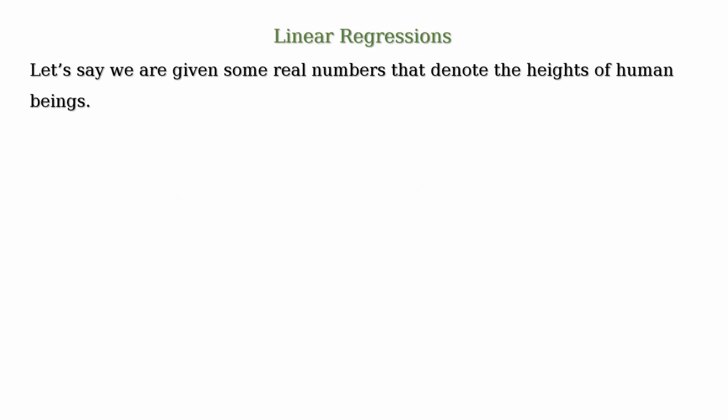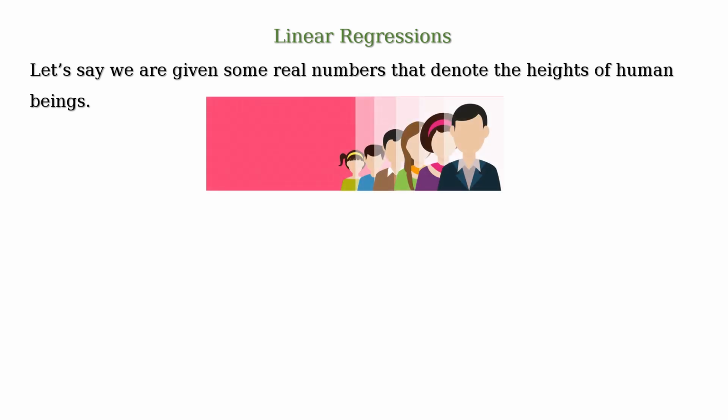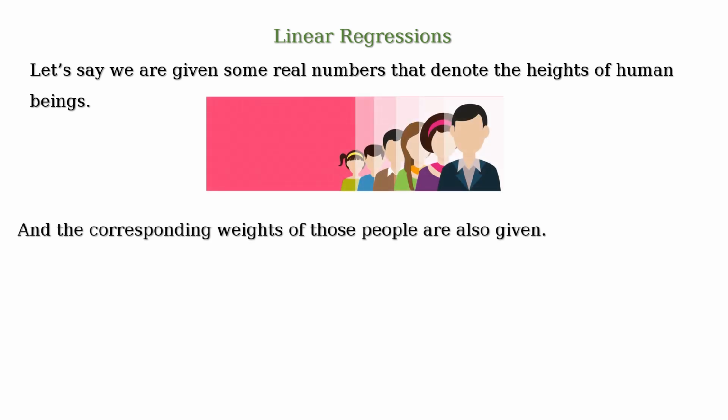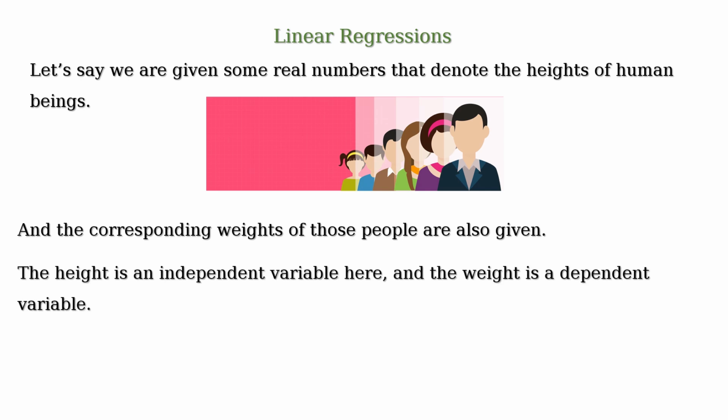Let's say we are given some real numbers that denote the heights of human beings, and the corresponding weights of those people are also given. The height is an independent variable here, and the weight is a dependent variable, and the weight is a function of height.